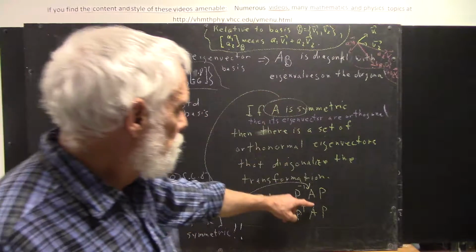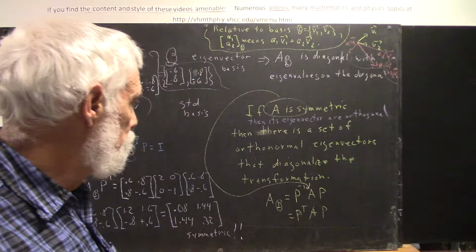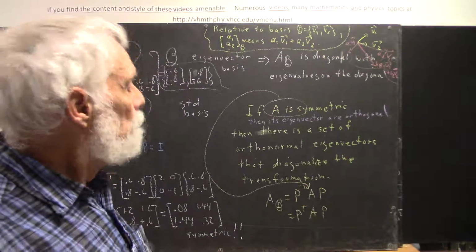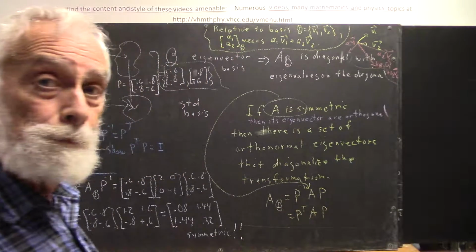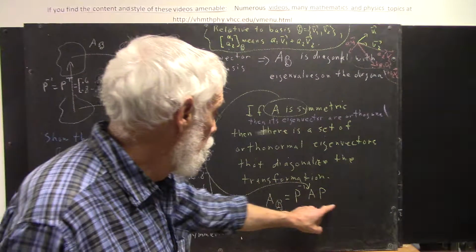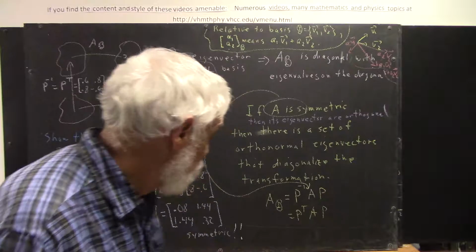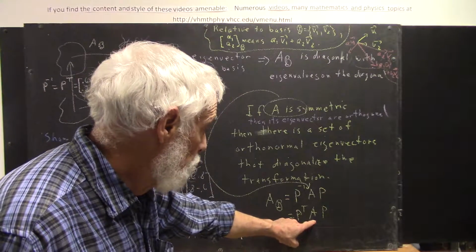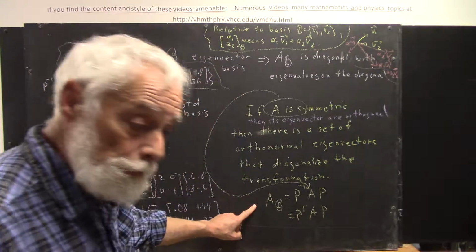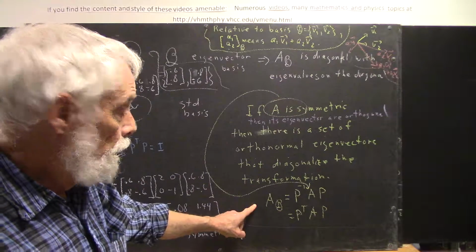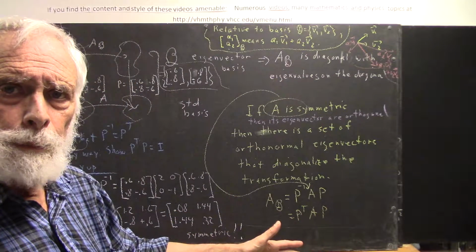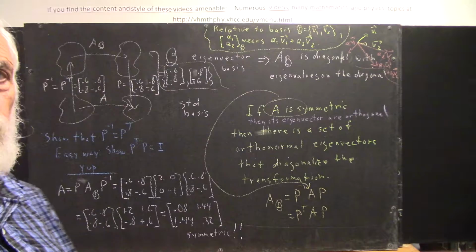So, you've got a symmetric matrix, find its eigenvalues, find its eigenvectors, put them in columns, you've got the P matrix. Do this calculation, using the A matrix, the P matrix, and its transpose, and you get a diagonal matrix. And now you have an orthonormal basis, which is very convenient for many reasons.